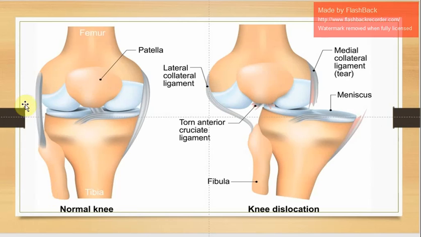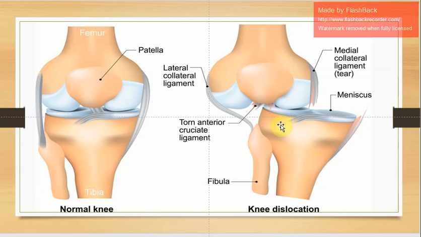Here you can see a picture of a normal knee: the femur, tibia, fibula, the ligaments, the ACL, PCL, and the patella here. And this is the picture of a knee dislocation, which, as we have discussed, is based on the tibial translation in relation to the femur.